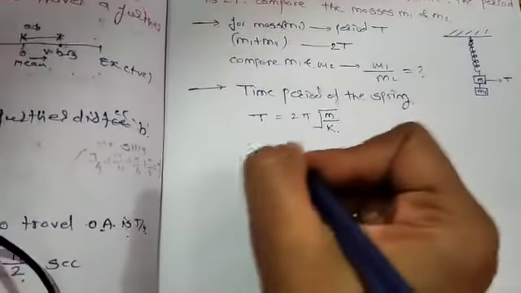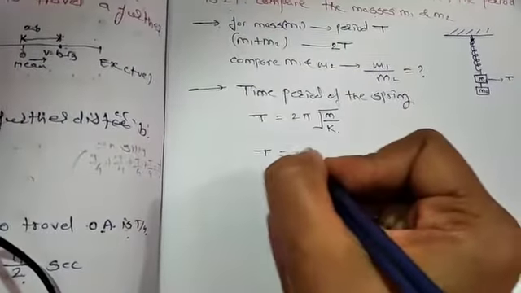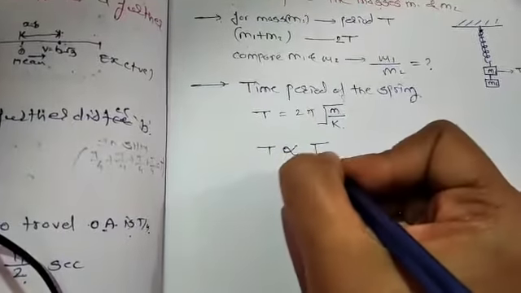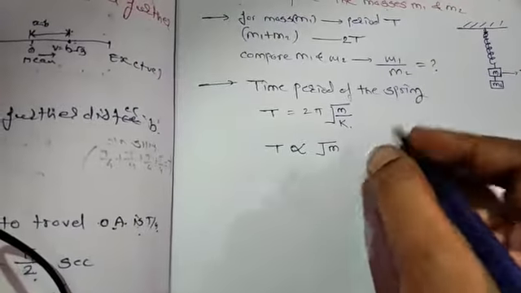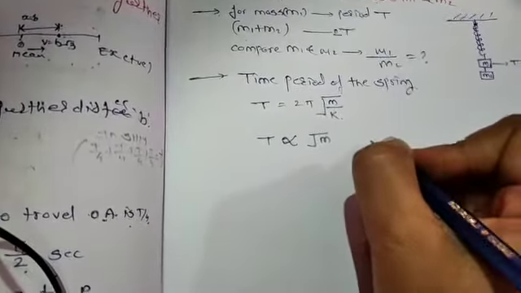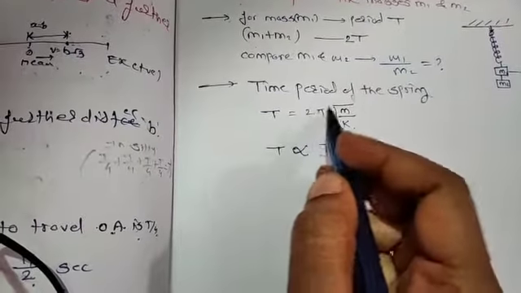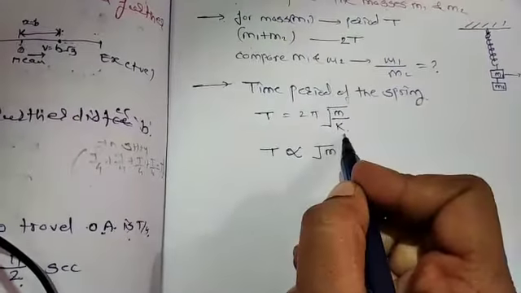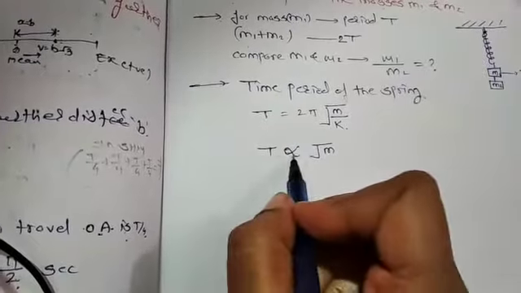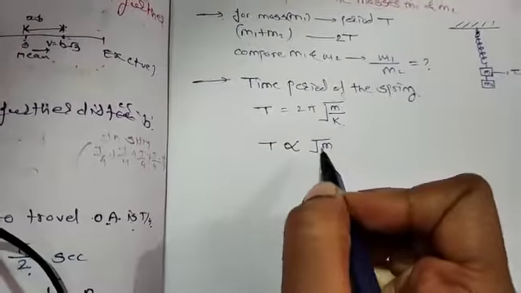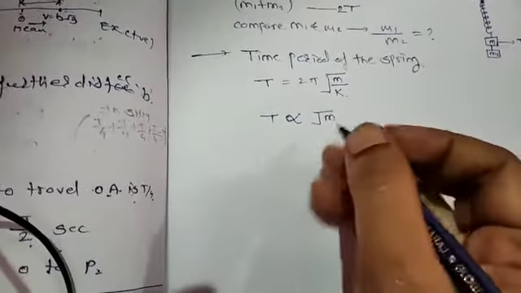That is, we can write T is directly proportional to root of m. 2 pi is a constant, this k is a constant, so we can write T is directly proportional to root of the mass of the body.